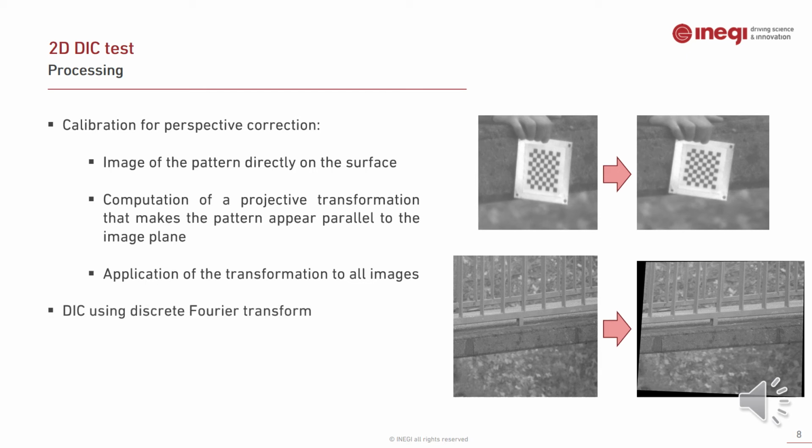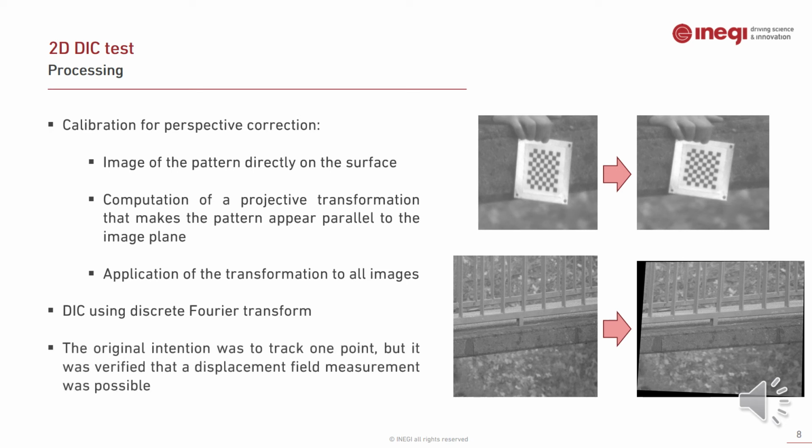And like in the previous case, we used our own DIC algorithm using the discrete Fourier transform. Originally we intended to track only one point, but then we verified that we could make a field measurement along this span of length of the bridge that we captured.